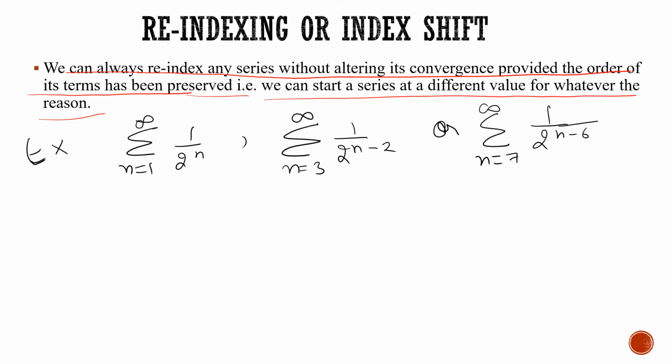All are the same. Here you started from n is equal to 1. Here you started from n is equal to 3. Here you started from n is equal to 7. But all the series are equivalent. So you can always reindex the series without altering its convergence.